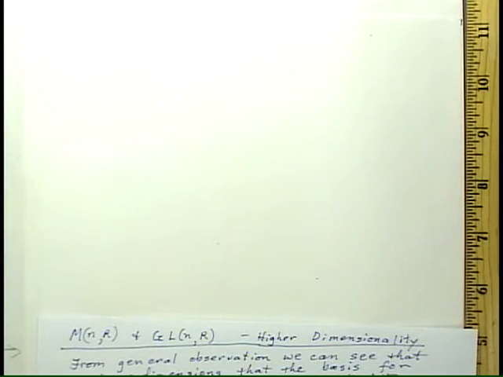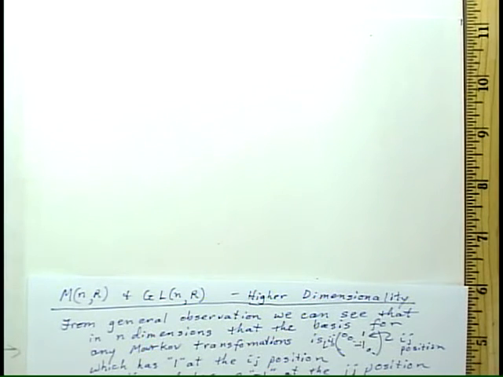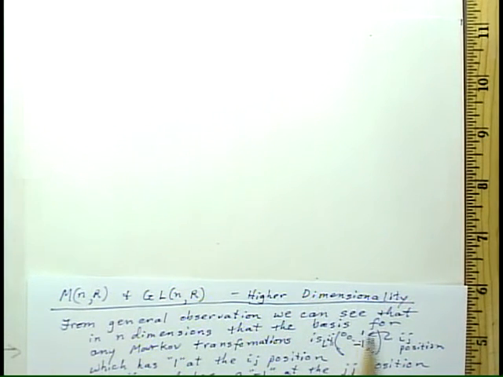Let's return now to our Markov group and the general linear group at a higher order of dimensionality than 2. Now, from general observations, one could see that we could do this in n dimensions without any trouble. Our Markov transformations would have the form Lij, where we put a 1 in the ijth position, and that defines this matrix.